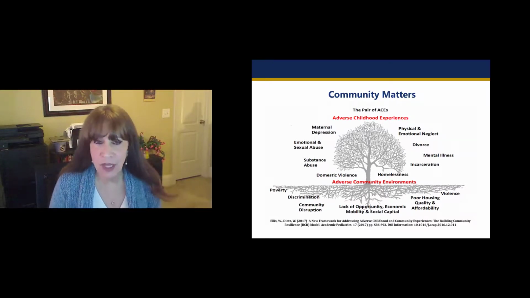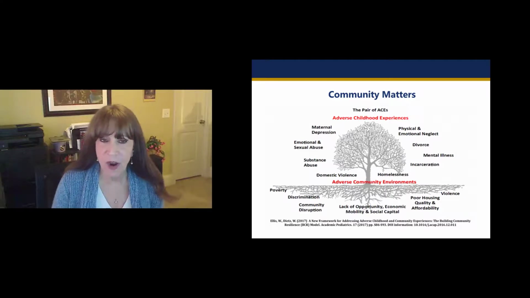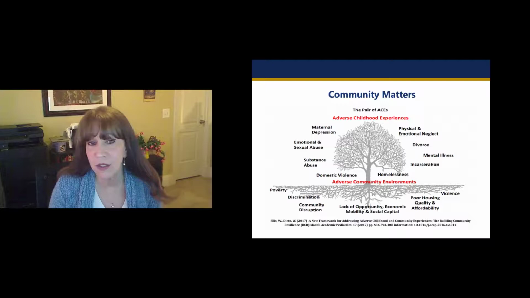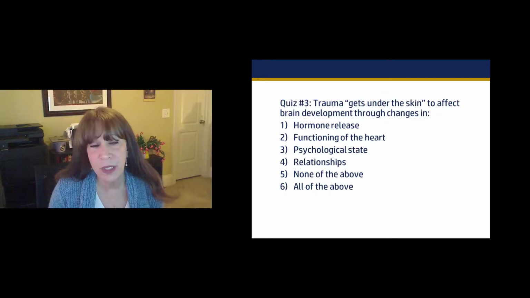These are the things that are close, the proximal environment. But let's not forget, at the root of the problem is poverty, discrimination, racism. It's community violence. So, I say community matters because we're not only talking about what's going on inside the home or in the proximal environment.